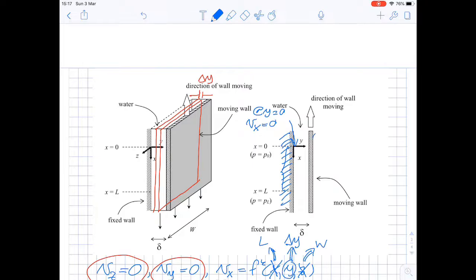On the other hand, this wall at y equal to delta, which is the thickness of the gap, Vx is equal to the velocity of the wall itself. In this case, we have to be v. But keep in mind that velocity v is going upward. This is velocity v, but our x-axis is going downward. So we need to put minus sign over here. So we have two boundary conditions.